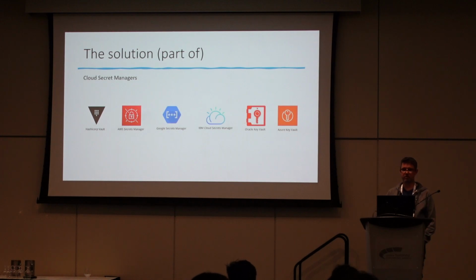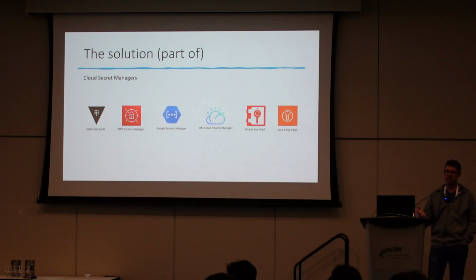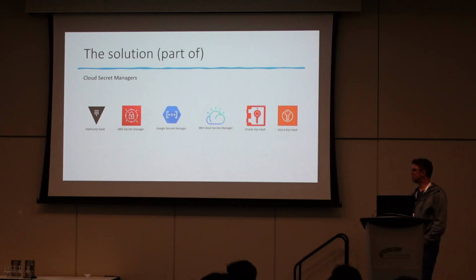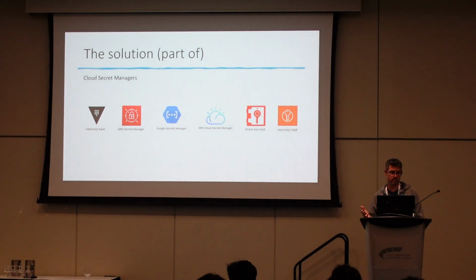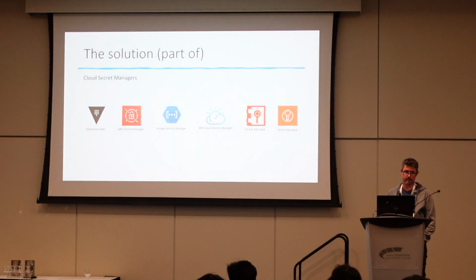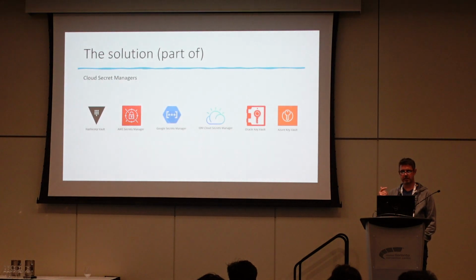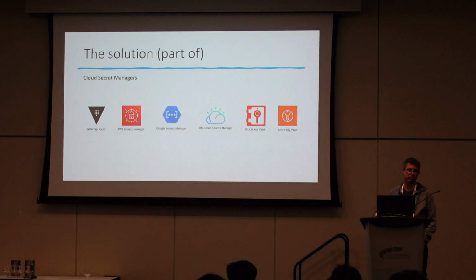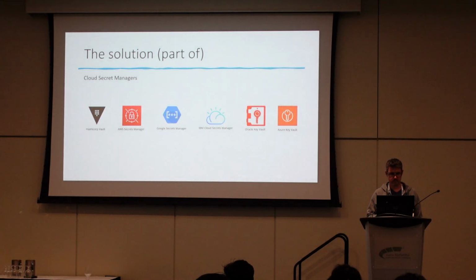So, part of the solution is using cloud secrets managers. Every cloud provider, or at least a lot of them, have a solution for storing secrets. And they handle rotation, they handle encryption at rest, and they are secure. We can trust that environment. I would trust that more than my local computer.